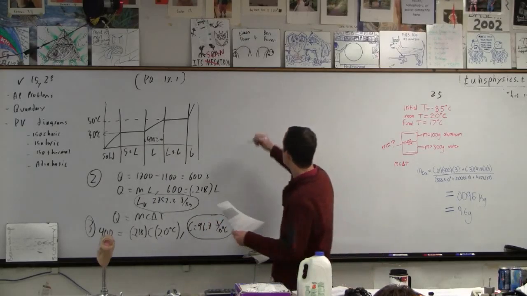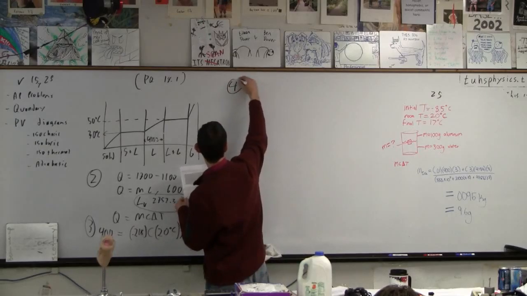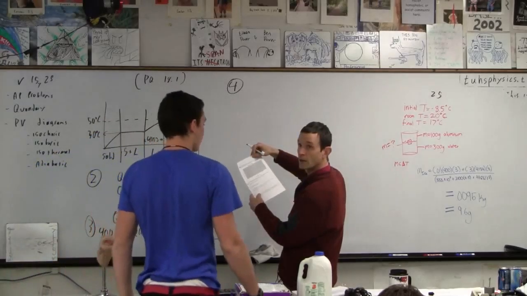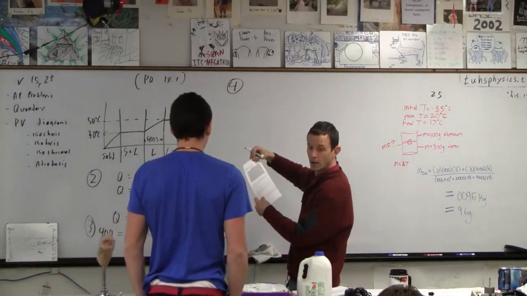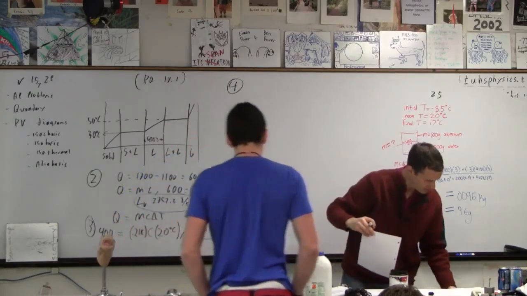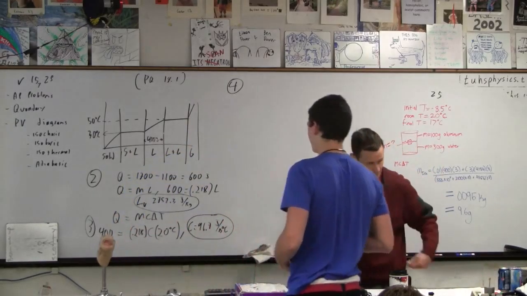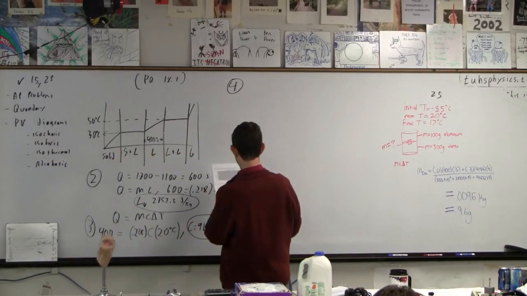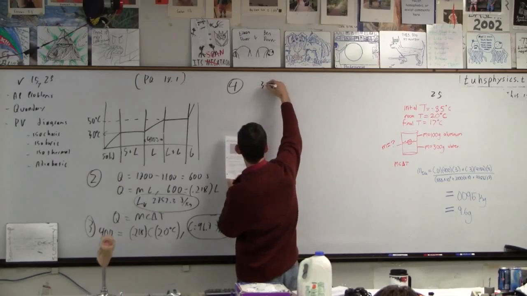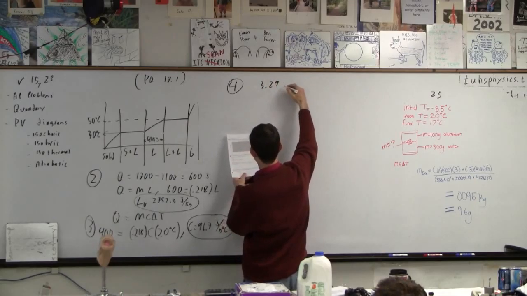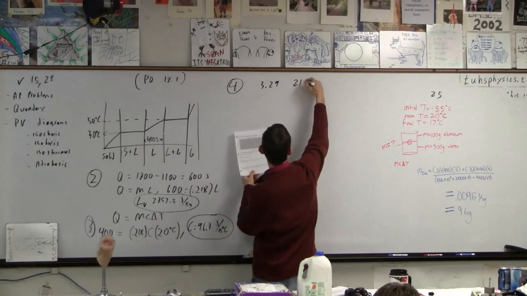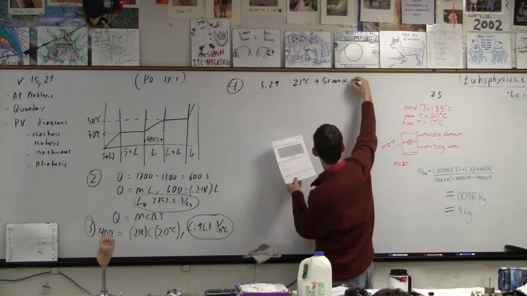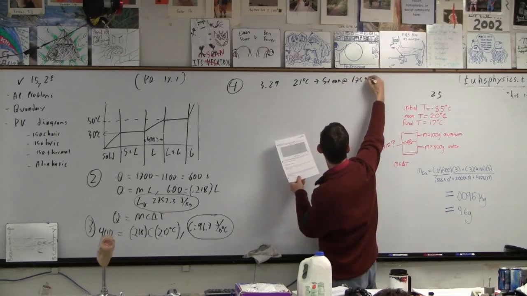There we go. And then the elusive problem number 4, right? What we have to do is take a calculator. There you go. Okay, so we're going to heat 3.29 kilograms of water from 21 degrees to steam at 175, right?